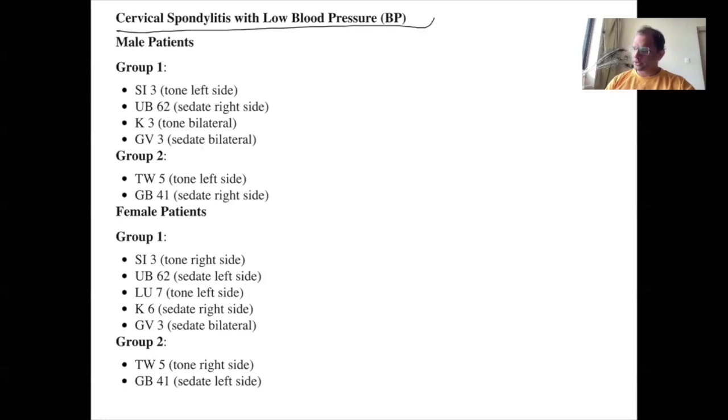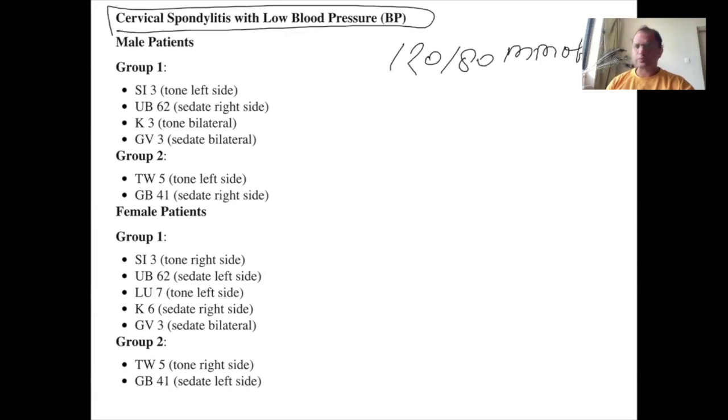So cervical spondylosis with low blood pressure: the normal blood pressure is 120 by 80 millimeter of mercury. If the blood pressure is 110 by 70 millimeter of mercury, we can consider it normal. There is no issue.